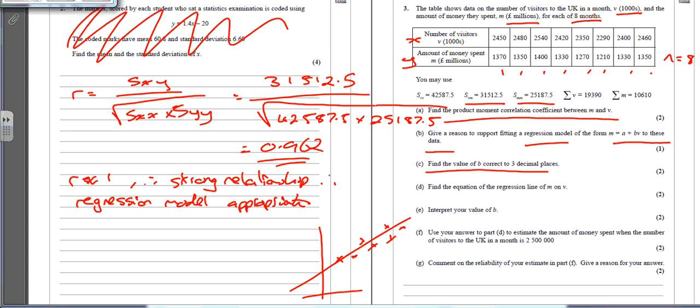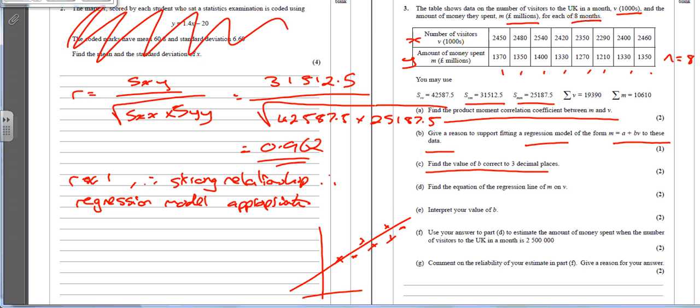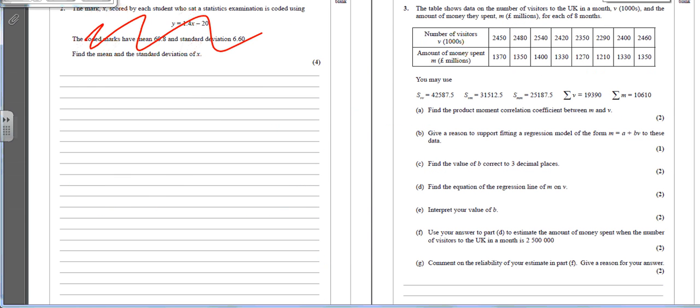So now we've got to find the value of b, correct to 3 decimal places. So b, we know, is sxy divided by sxx. Now we've done this a few times. We know that x is this one, we know that y is that one.